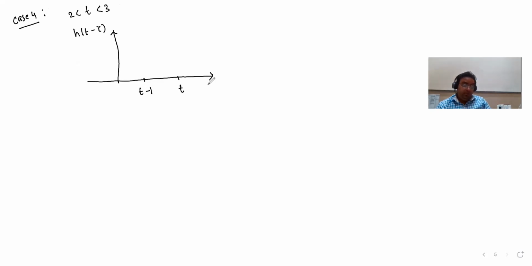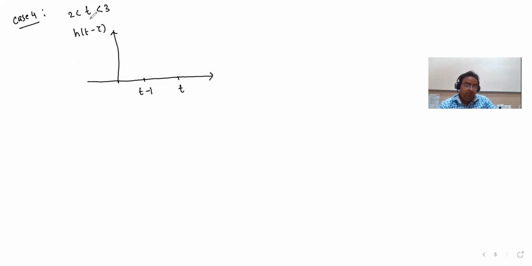Now we'll see what will happen with h of t minus tau. This varies from t minus 1 to t. So we have one mark at t minus 1, the other mark at t.